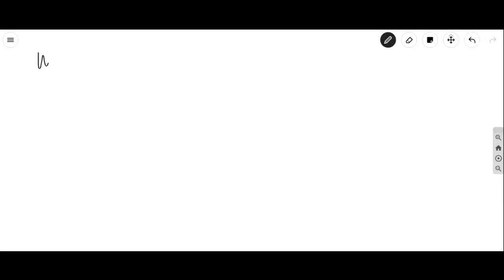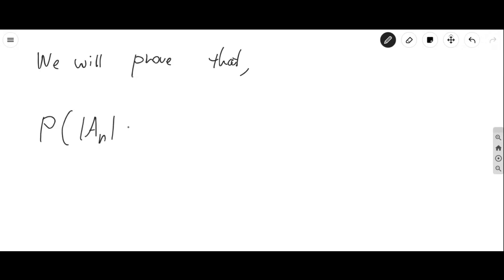So to basically summarize, this is what we're saying. We will prove that the probability that an is greater than or equal to epsilon can be improved by the following inequality.